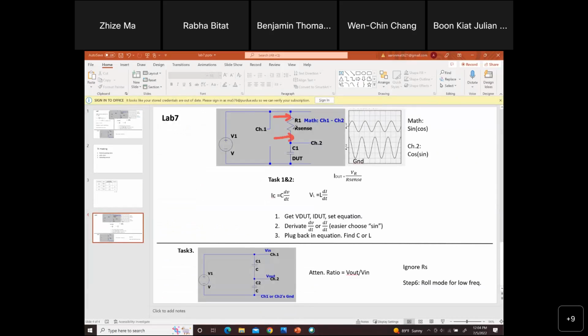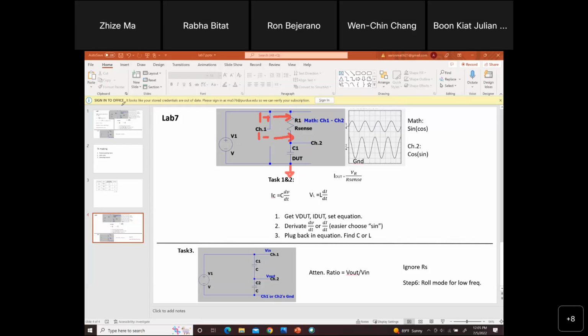For example, this RSense is not connected to ground because the ground is right here. If you have a differential probe, you can put your 1 plus here and the 1 minus here, so the probe directly measures the voltage difference between this node and this node.